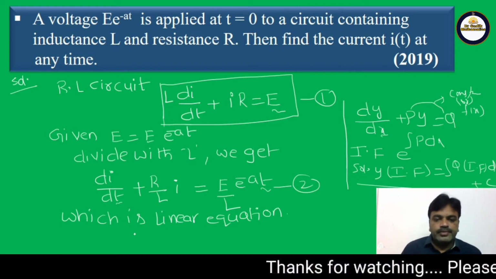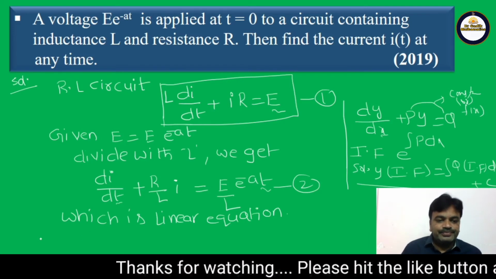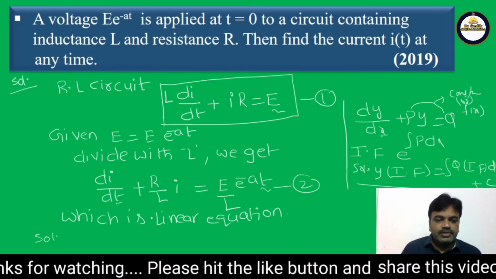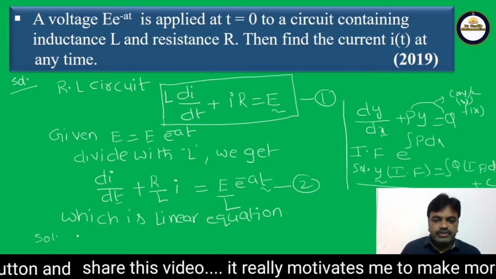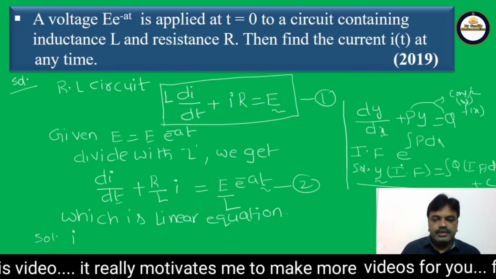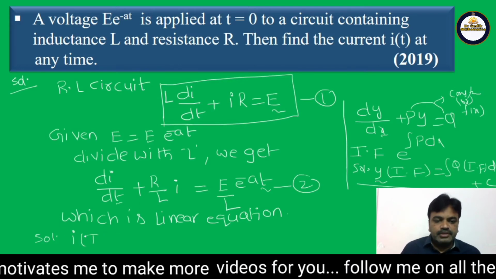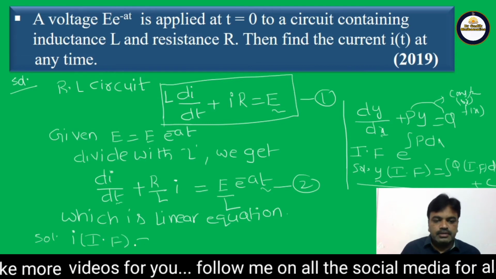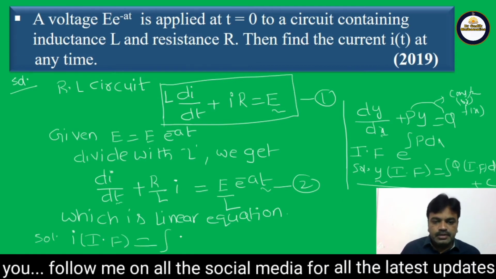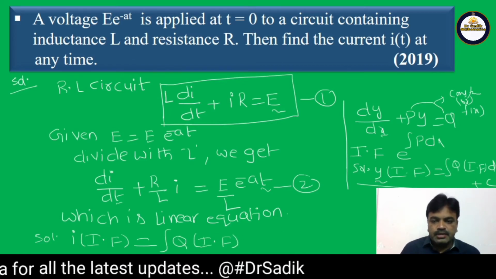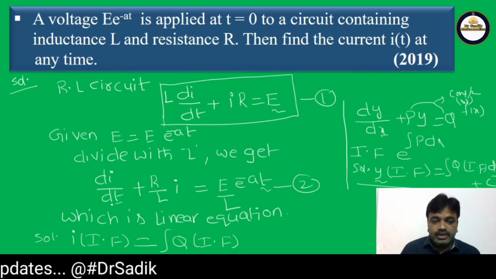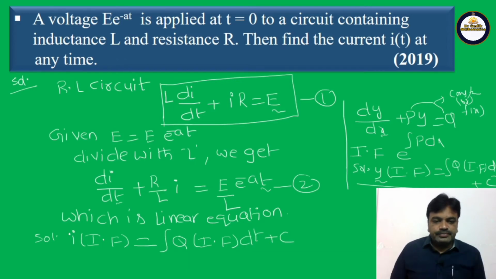Here, in place of y we have I, and instead of dx we have dt. This is the solution form.